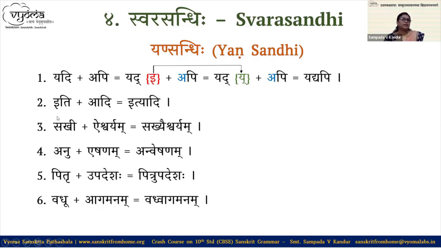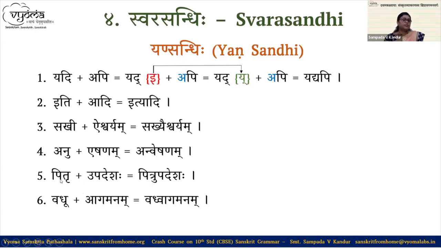Iti plus Adi. Then I changes to Ya. Itya plus Adi. Sakhi plus Aishwaryam. Sakhyaishwaryam. Anu plus Eshanam. Anveshanam. Pitru plus Upadeshaha. Pitrupadeshaha. Vadhu plus Agamanam. Vadvagamanam. Now why does Vadhu change to Vadva? Because Ukara changes to Va. Rukara changes to Ra.